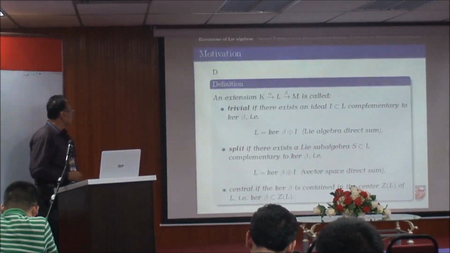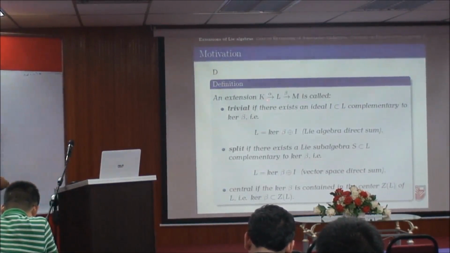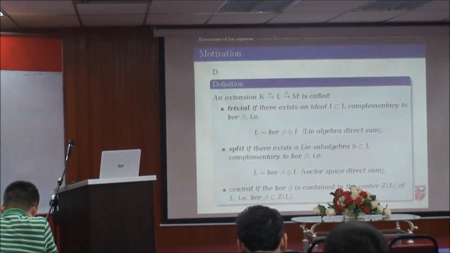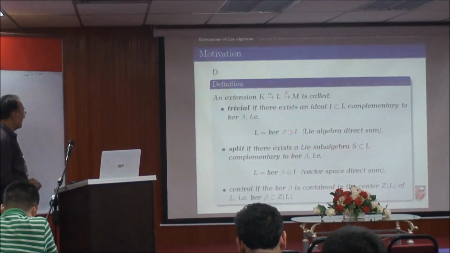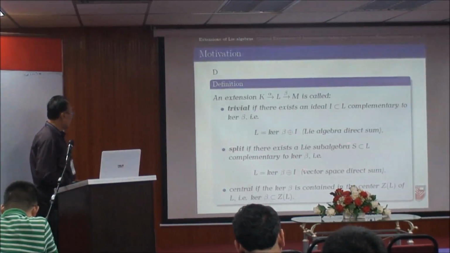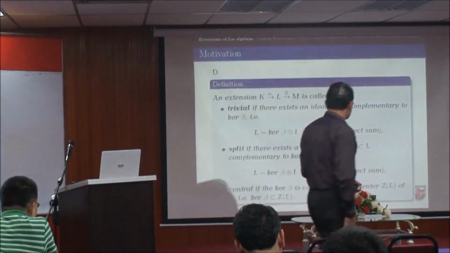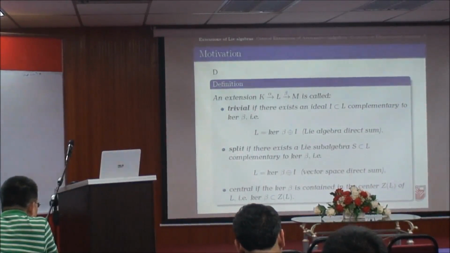So extension is called trivial if you can decompose algebra L into these two ideals, kernel of beta plus another ideal I. It's called split if I, or S, sorry, S here is not necessarily an ideal. So you have such a direct sum as a vector space.